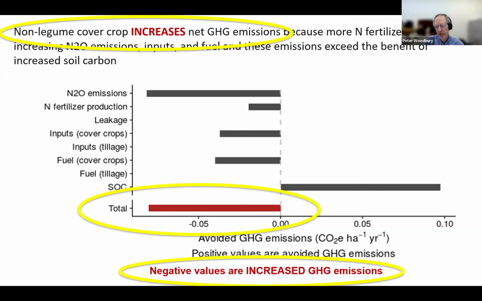So in this graph, the negative values are always a bad thing. They are always an increased greenhouse gas emission. So unlike the legume cover crop, the overall greenhouse gas impact of a non-legume cover crop is actually an increase in greenhouse gas emissions. Now, why is that happening?